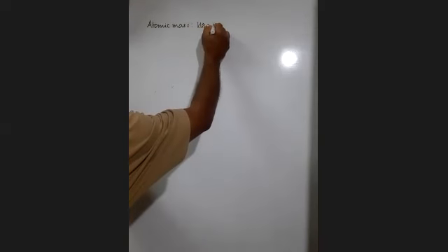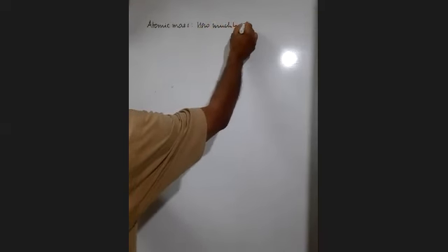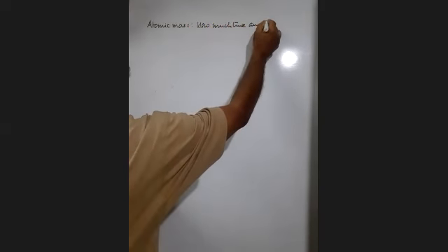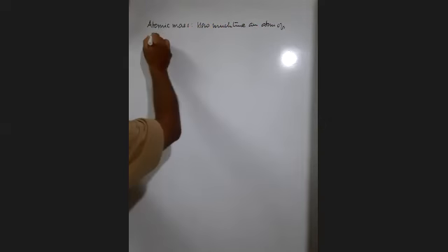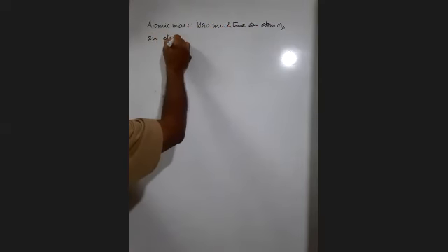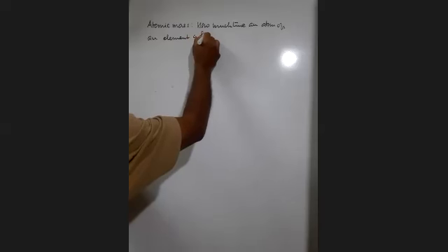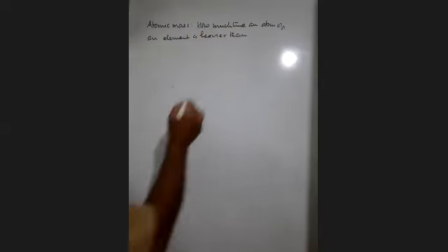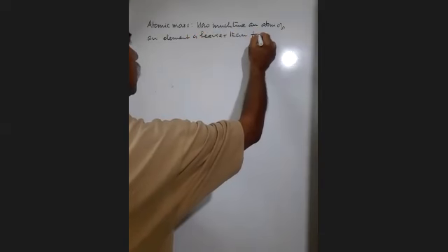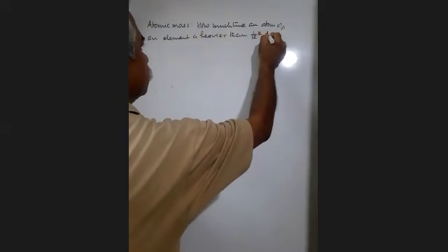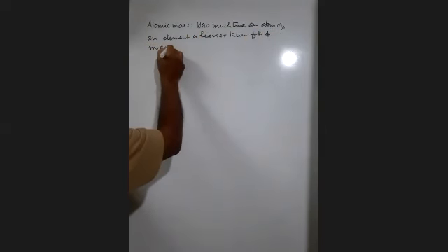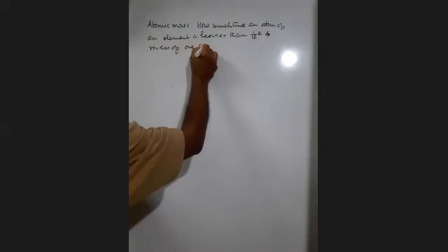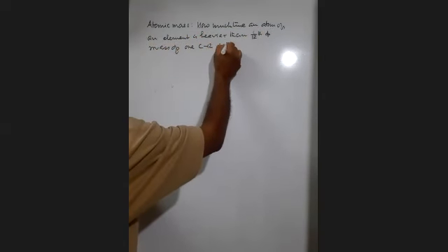So in that case, atomic mass is how many times an atom of an element is heavier than 1/12 of the mass of one carbon 12 isotope.